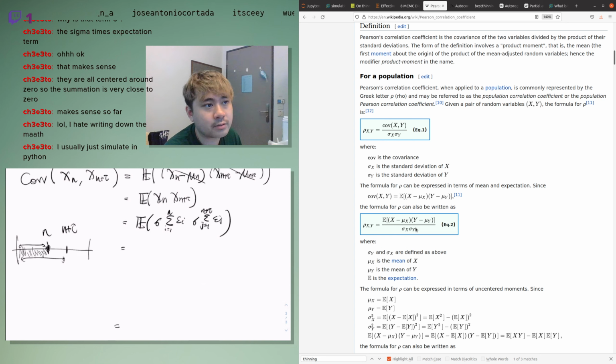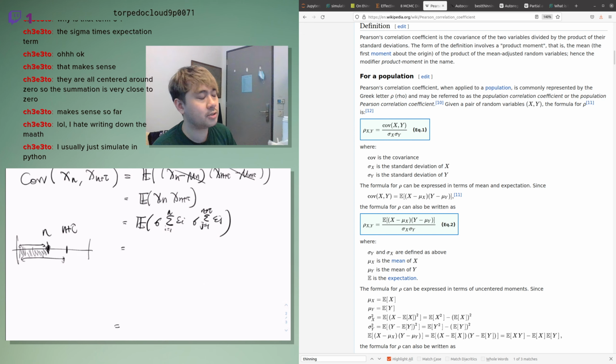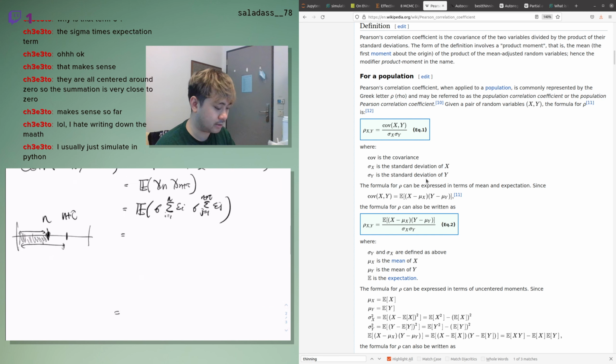I simulated it and I convinced myself of it, but as my professor correctly pointed out, a lot of these things are good to state quantitatively in theory so that you know that it's completely airtight and you understand the arguments and you really understand what's happening instead of just buying the empirical evidence, which is still pretty convincing in my opinion. But yeah, I was silly. I misconstrued correlation to covariance. That's where I messed up.